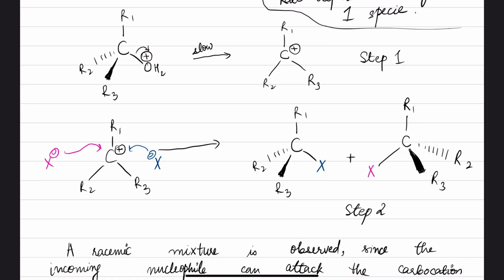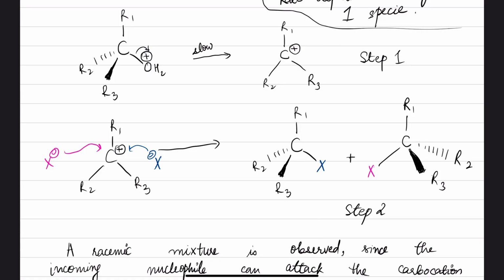is planar. It's explained in Clayden really well, like they have drawn the possible geometric configurations with the molecular orbitals. I have not included them here, but you can read more about the carbocation in Clayden. So the incoming nucleophile has the option to attack from any side it wants.